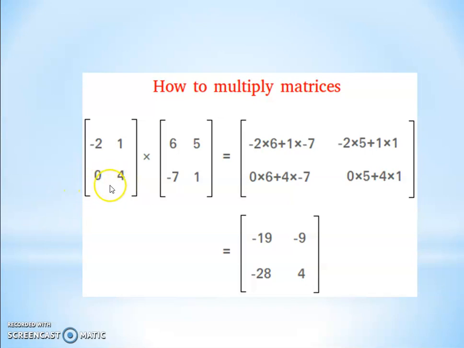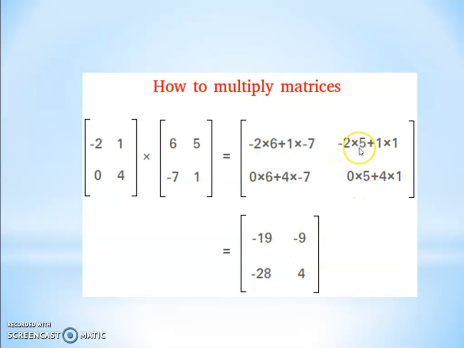Now our focus is the second row. Second row, first column: 0 into 6 plus 4 into minus 7. Second row, second column: 0 into 5 plus 4 into 1. Minus 12 and minus 7, so minus 19.